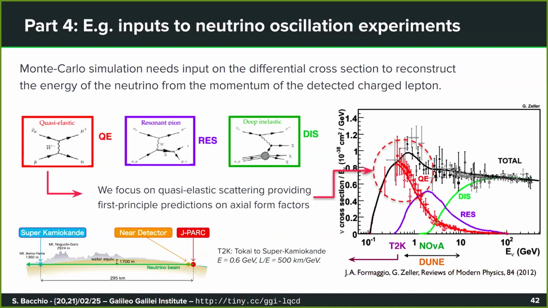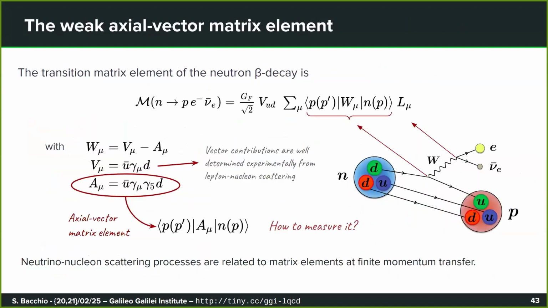Well, take, for instance, as an example, the neutrino oscillation experiments. Something that they are very interested in is to know more about the quasi-elastic regime at low energy in this region here, where experimental data is not very precise. So this is a case where the experiments look for input from lattice QCD. And how do we provide this input?